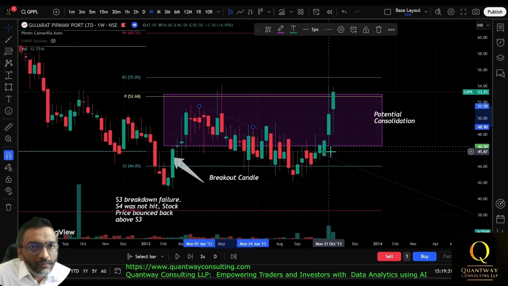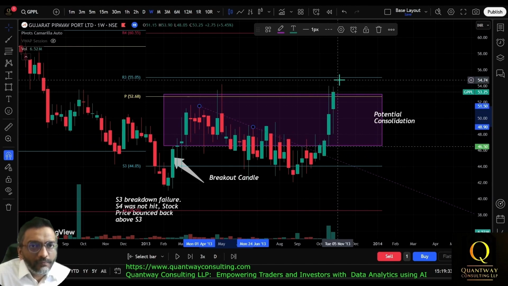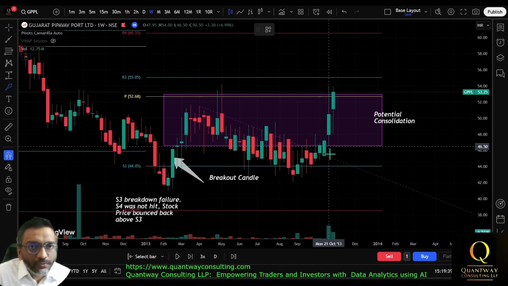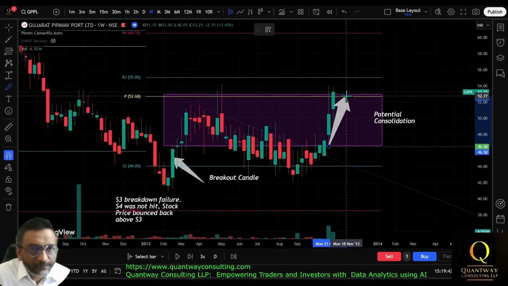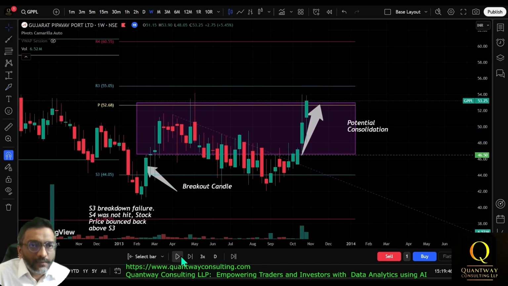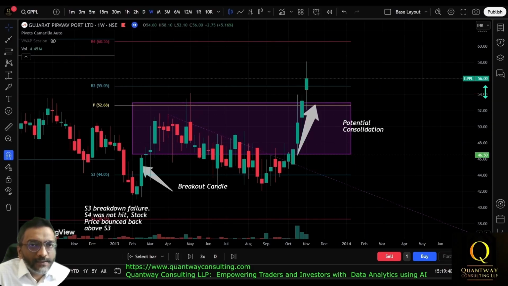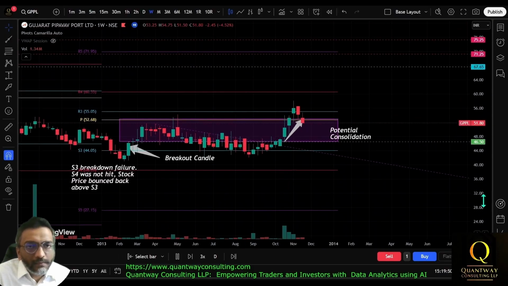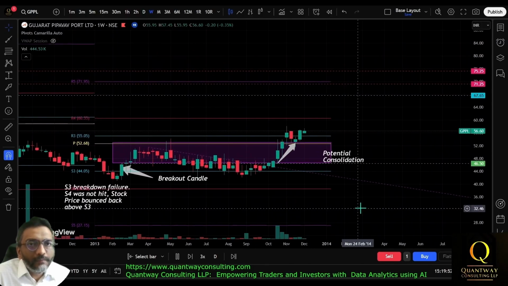This particular downtrend line has been broken, and then the breakout happened from the lower end of the consolidation to the higher end of the consolidation. So that is how the trend got created, or we can say the mean reverting setup happened.